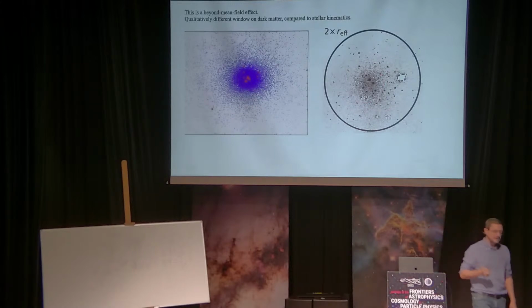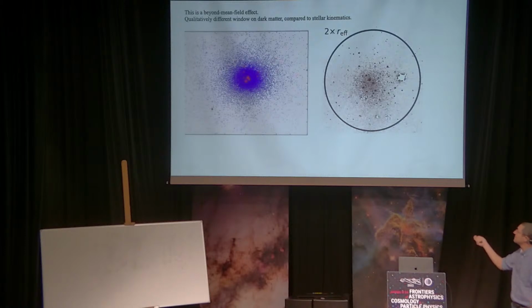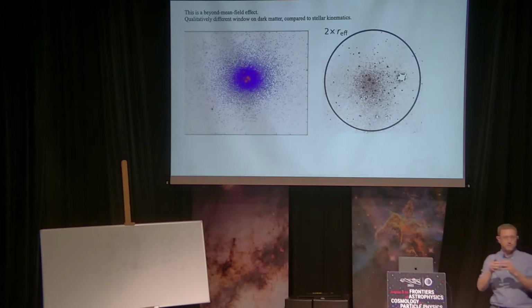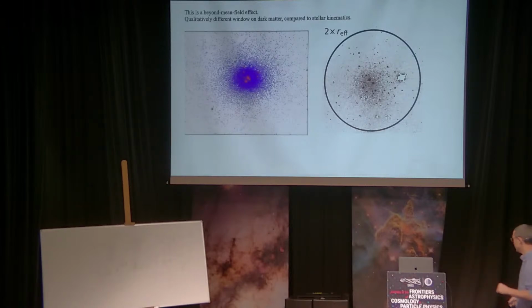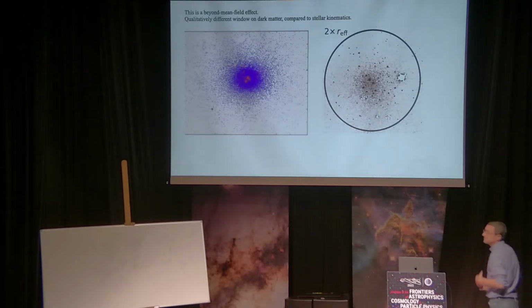This is qualitatively different from just measuring the stellar dispersion of the blue dots, because this motion is actually coming from the massive red points interacting in many, many soft collisions with the blue stars next to them, losing energy and falling in. This is the effect that I would like to demystify, and this is the effect that I'm going to go after.